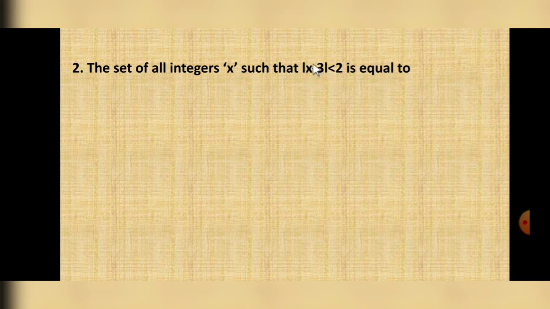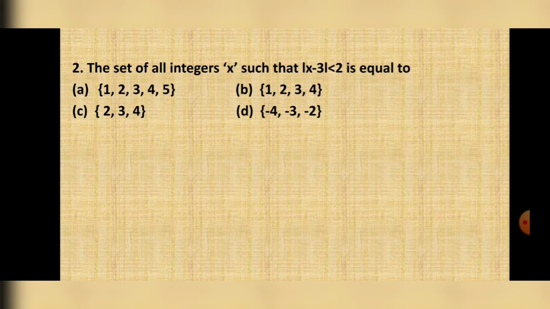What are the values of x which satisfy this condition? There are 4 options given. Option A 1, 2, 3, 4, 5. Option B 1, 2, 3, 4. Option C 2, 3, 4. Option D minus 4, minus 3, minus 2.